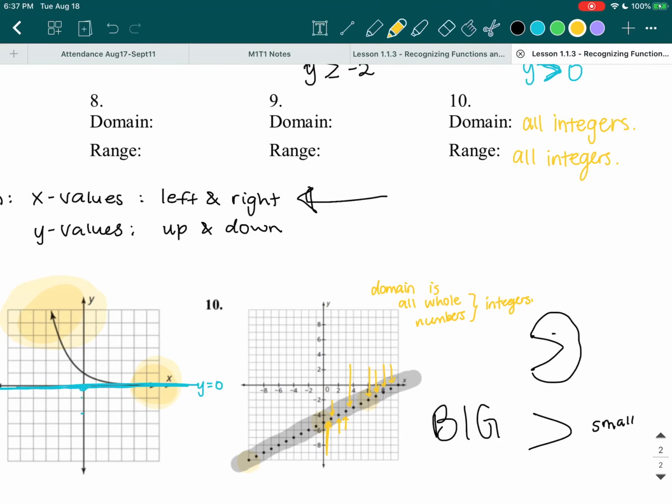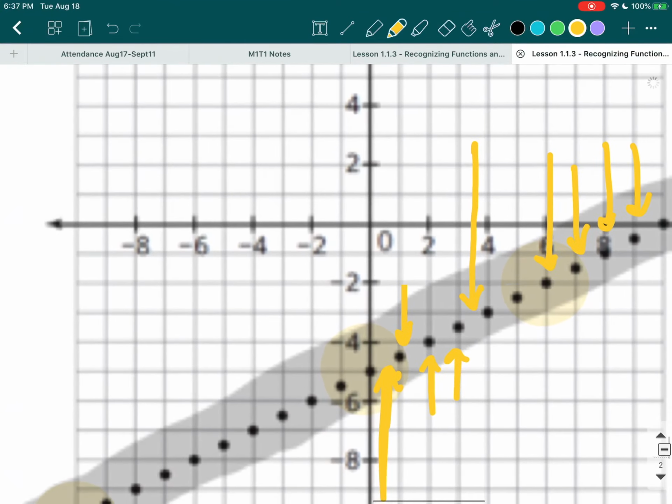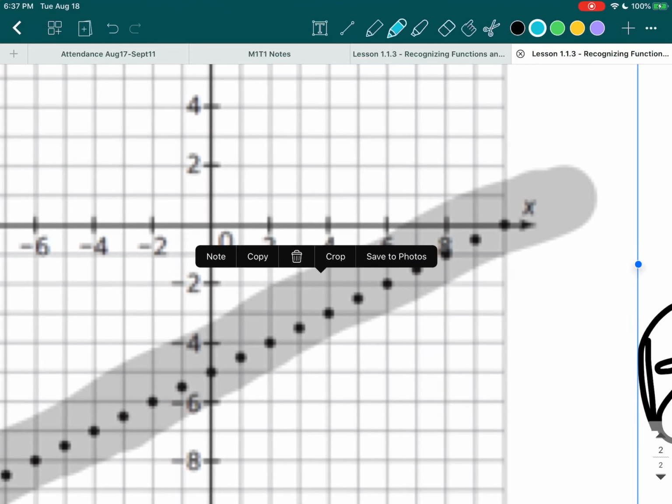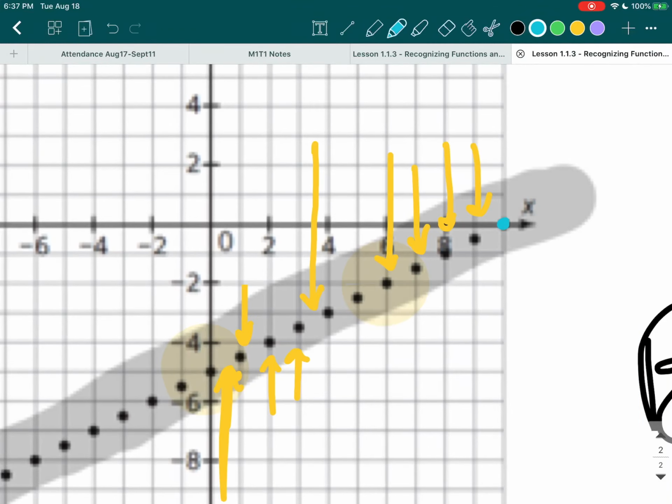And why is that? Because when you look at the y values over here, let me put them in blue, okay? This one has a y value of 0. And then, actually, it's not just all integers, is it? Oh no, what happened?